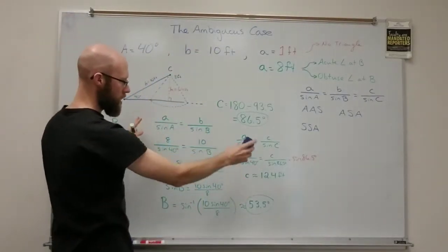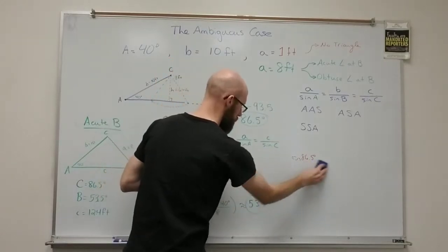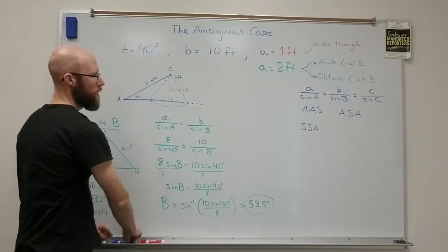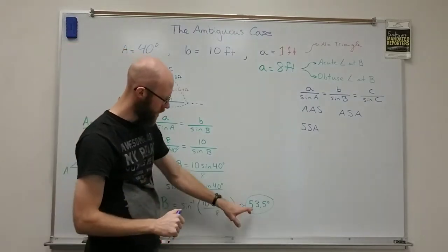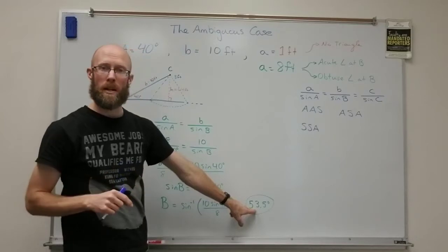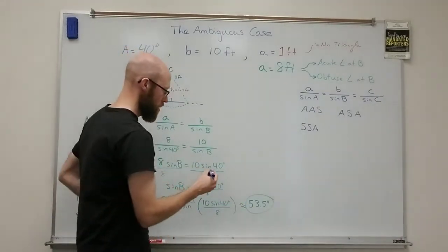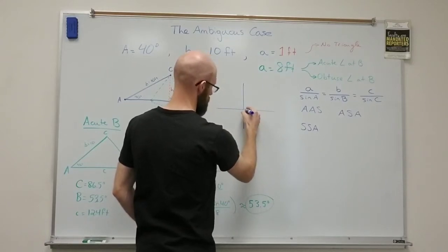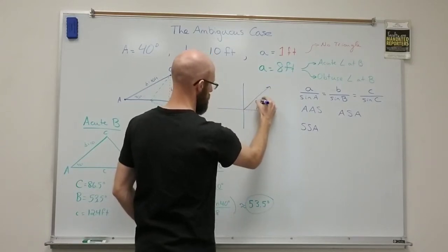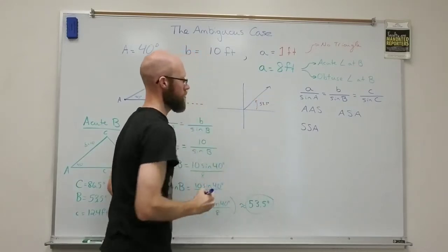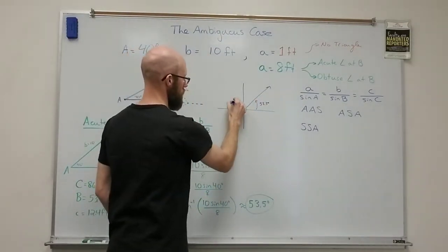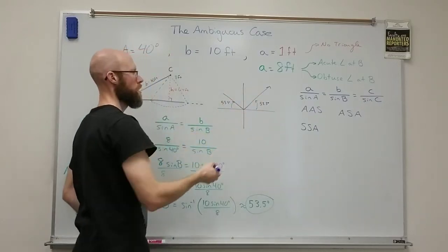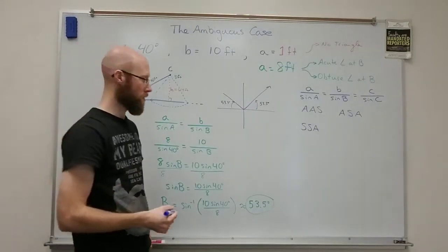Now everything else is basically the same up to this point. Then what we need is the corresponding angle in the second quadrant. So if I know that 53.5 degrees is a first quadrant angle, then in the second quadrant, the same angle would be 180 minus 53.5.